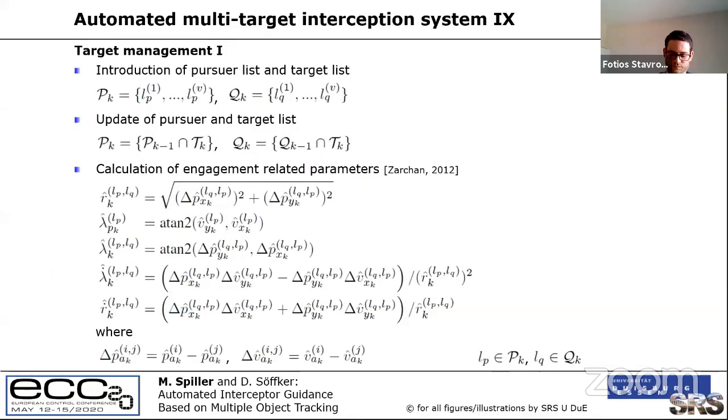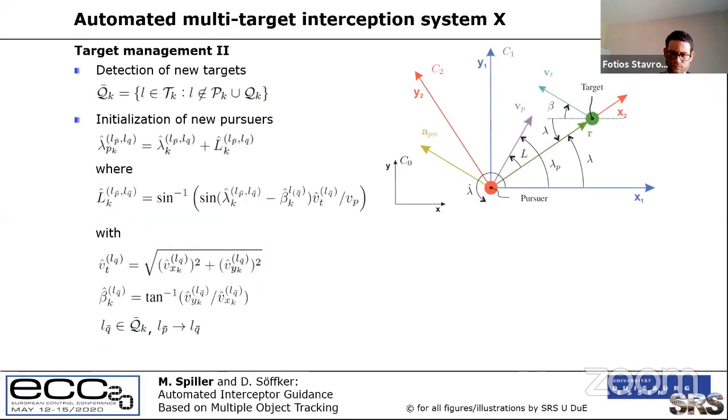To manage the targets, the track labels are divided into two sets, the pursuer list and the target list. The track list is used to update the pursuer and target list at each time step. Then, for each pursuer-target pair, the relevant engagement-related parameters can be calculated.